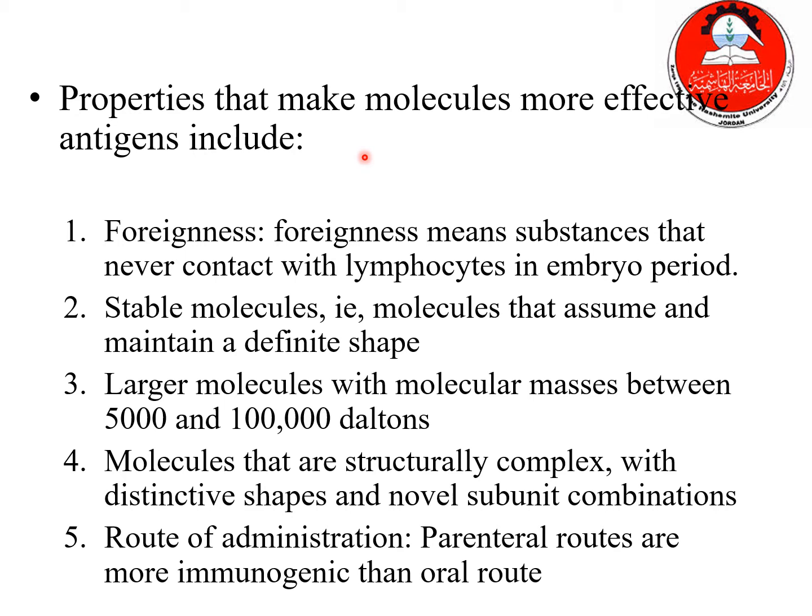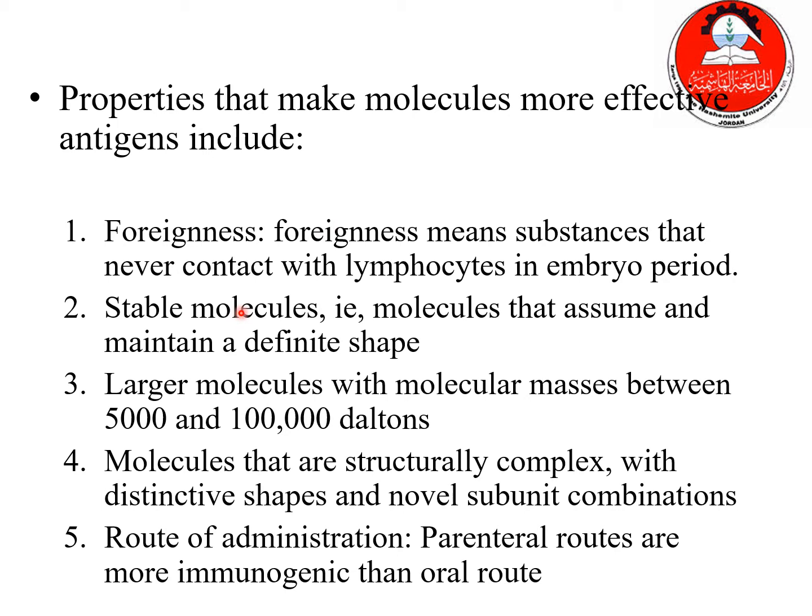If the antigen is foreign, then it's going to be recognized, and the immune system is going to respond to this foreign antigen and produce immune reaction. Stable molecule that assumes and maintains a definitive shape.